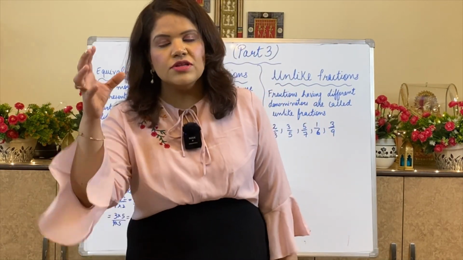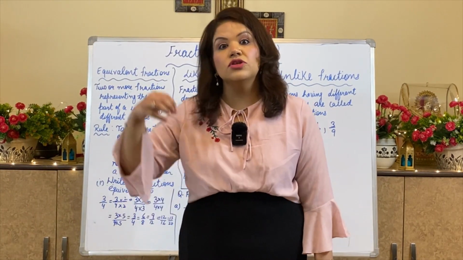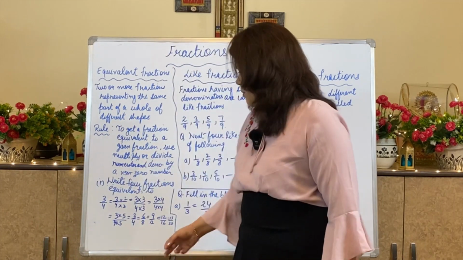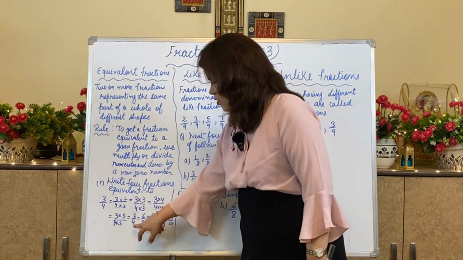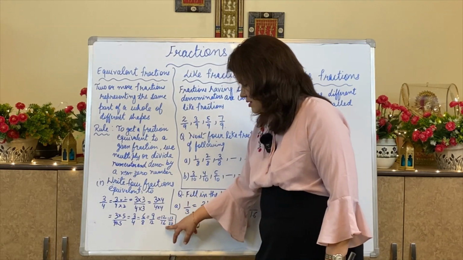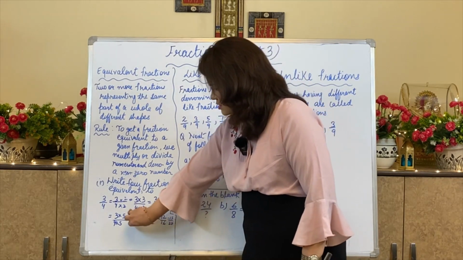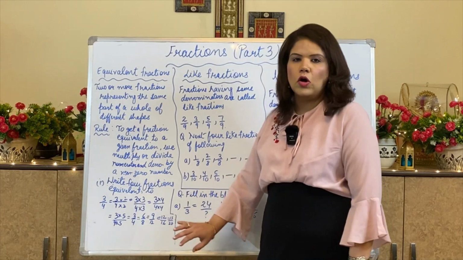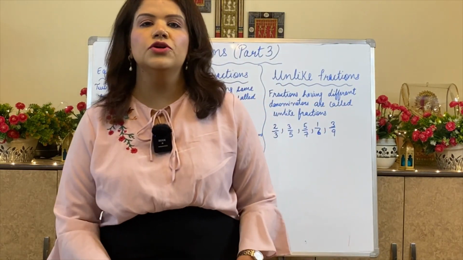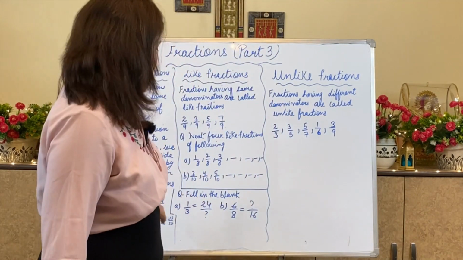Is it clear? So that's why they are all equal to 3 by 4 when they go into simplest form. But when we are multiplying, then also 3 by 4 is equal to 6 by 8, 9 by 12, 12 by 16, 15 by 20. This is the simplest form of all these fractions. So that's why this is equal to 3 by 4.